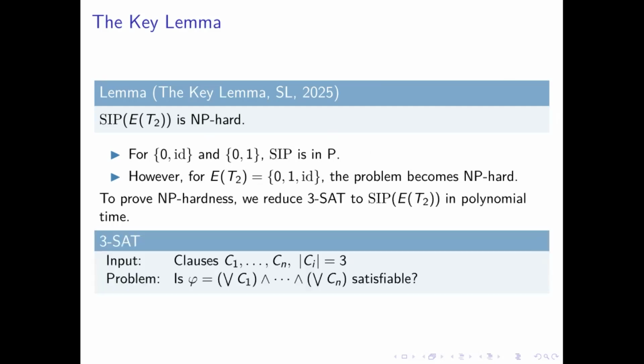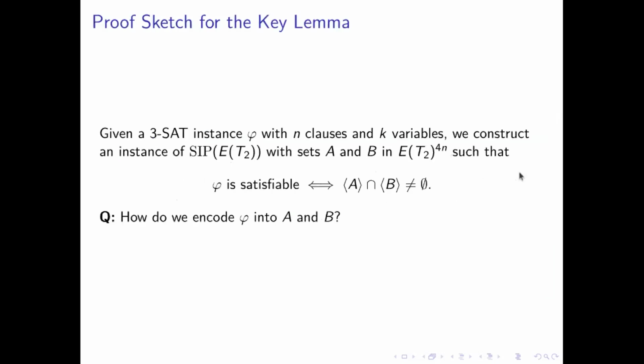So here's 3-SAT: given clauses with 3 terms, C1 through Cn, is the formula satisfiable? That's 3-SAT. Here's the pre-proof sketch for the key lemma.